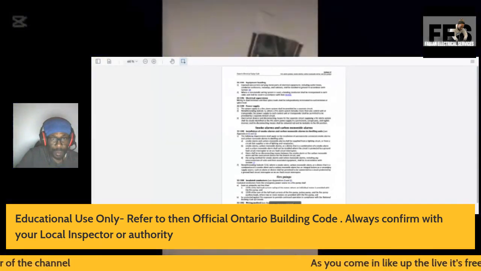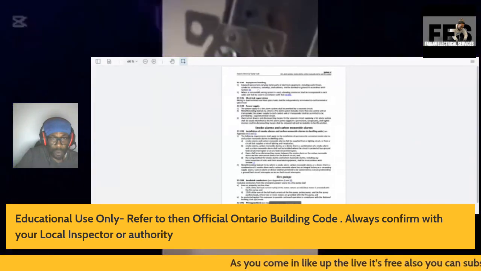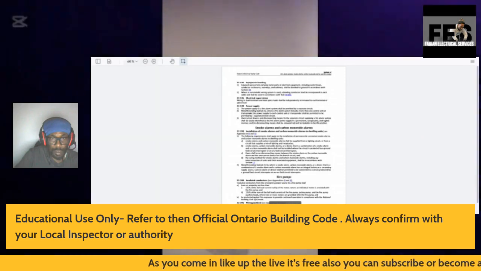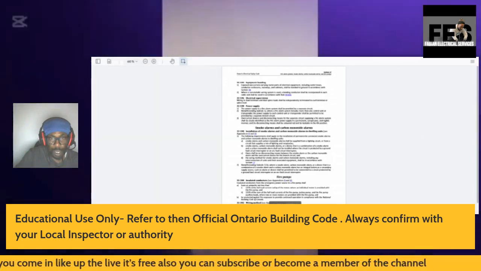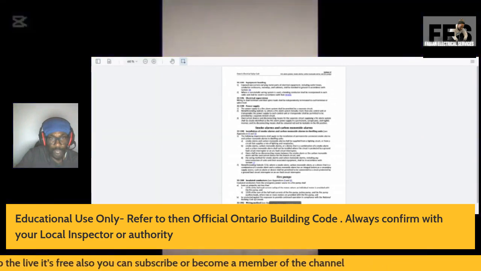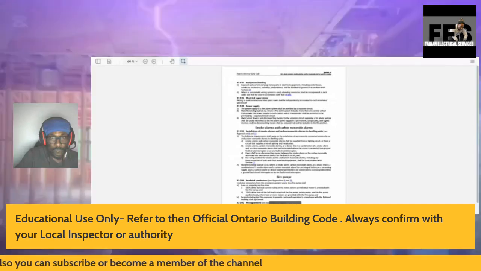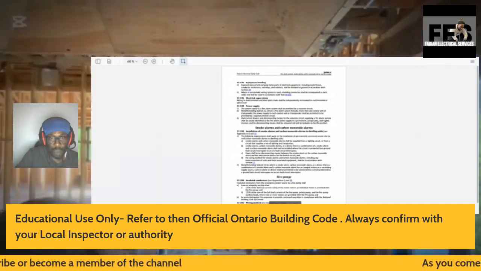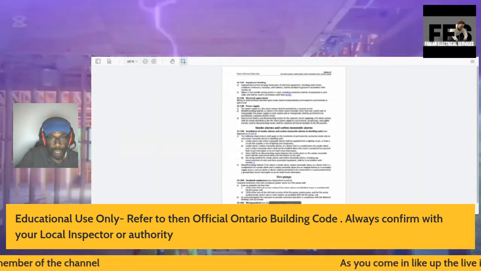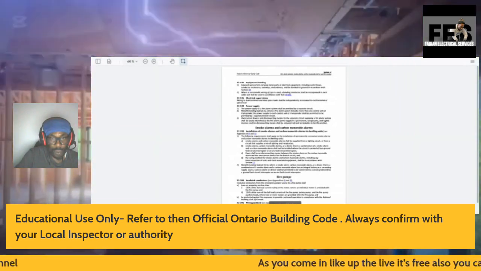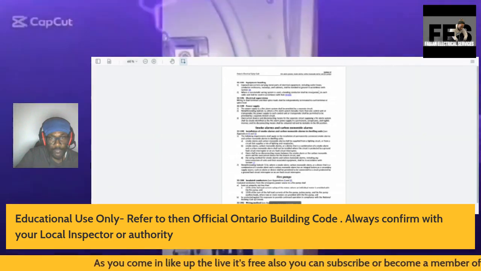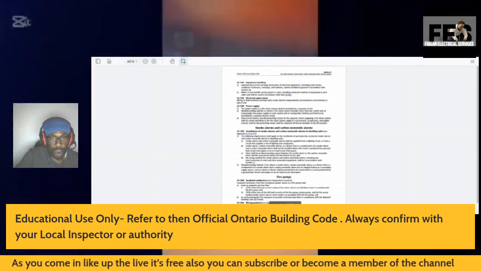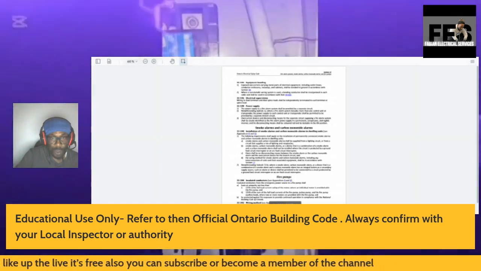Equipment bonding: exposed non-current carrying metal parts of electrical equipment, including outlet boxes, conductor enclosures, raceways and cabinets, shall be bonded to ground in accordance with Section 10.